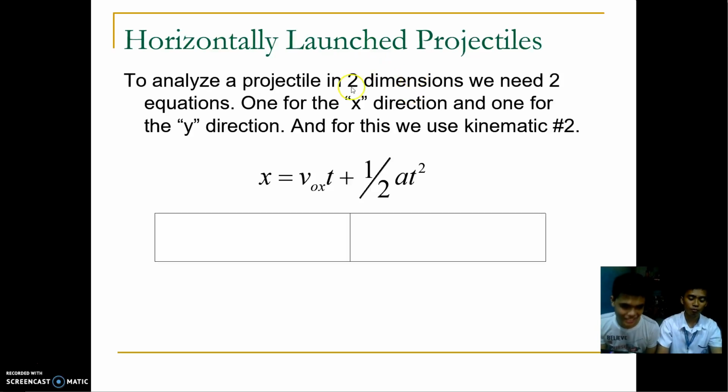Horizontally launched projectiles. To analyze a projectile in two dimensions, we need two equations. One for the x direction and one for the y direction. And for this, we use kinematics equation number 2. So here it is. x is equal to horizontal velocity times time plus 1/2 acceleration times time squared.